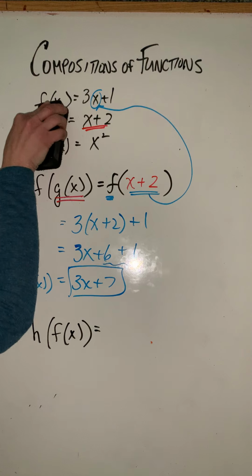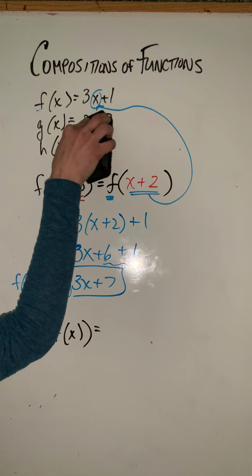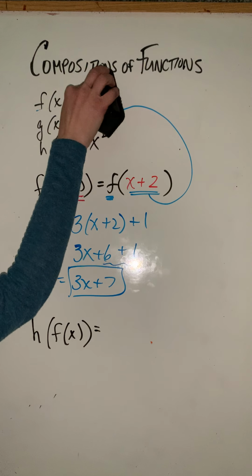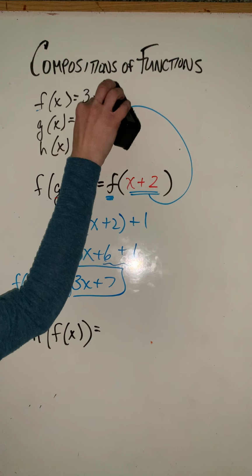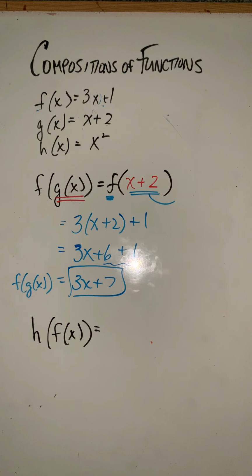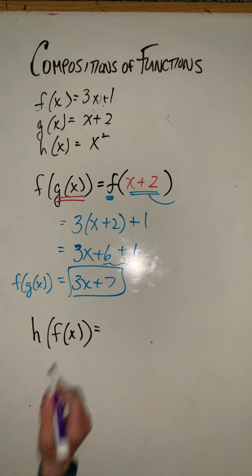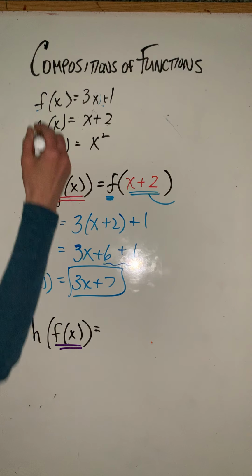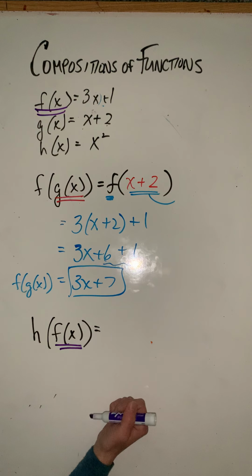I'm just going to erase these colors here so we don't get confused. Okay, so let's suppose that we're going to find h of f of x. So we're going to start by replacing f of x, always replace the one on the inside, with whatever that function is.